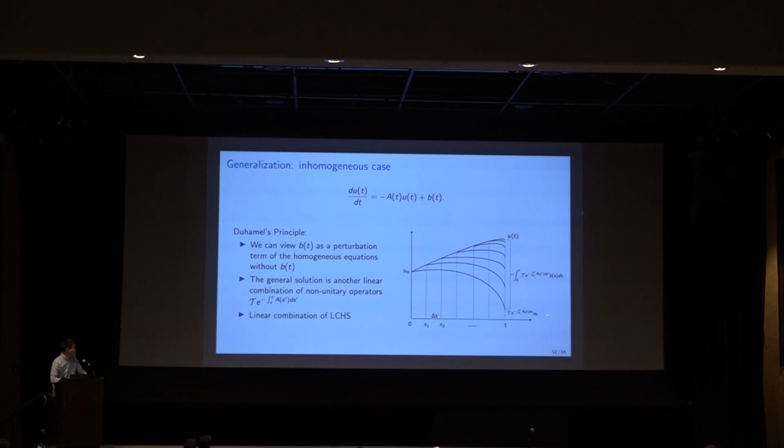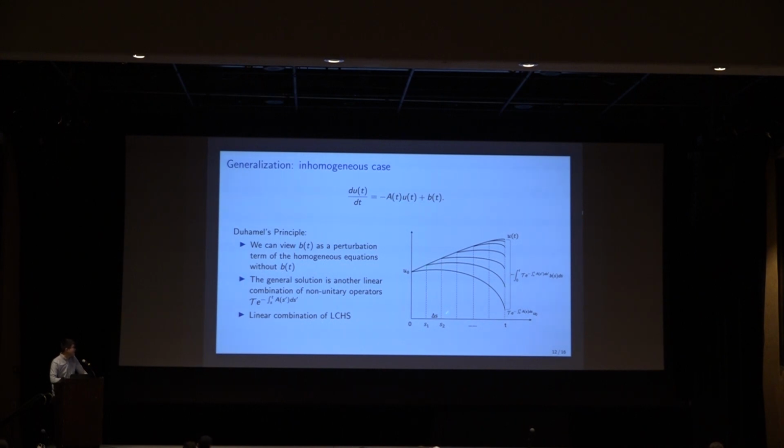You can see that this is the original solution. And what we can do is, for example, if at time s1 we add some perturbation B of t, then this perturbation will be evolved by my homogeneous term, or by my matrix A, and then it will be evolved up to, for example, right here.